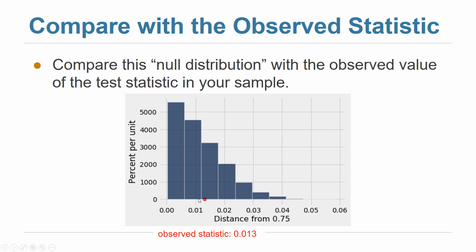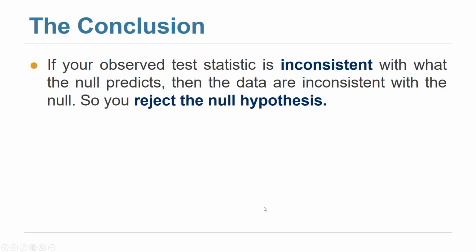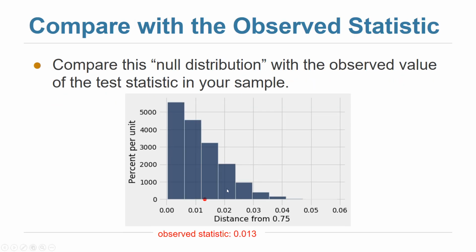As we see here, the observed statistic is 0.013, and this is now compared with the empirical distribution. So the conclusion, if we look at the comparison here, we see that the observed value is almost at the heart of the empirical distribution. So it seems that the data supports the model. Okay, so the data and the hypothesis are consistent.